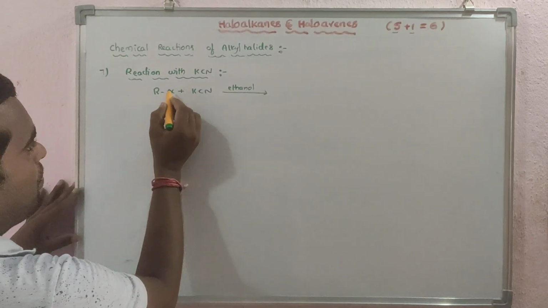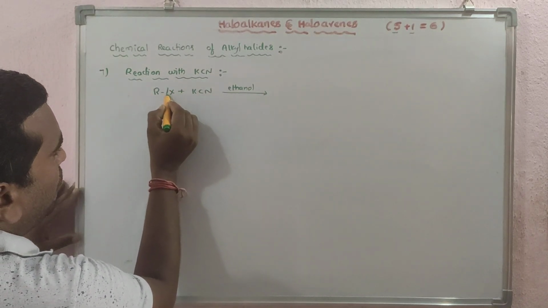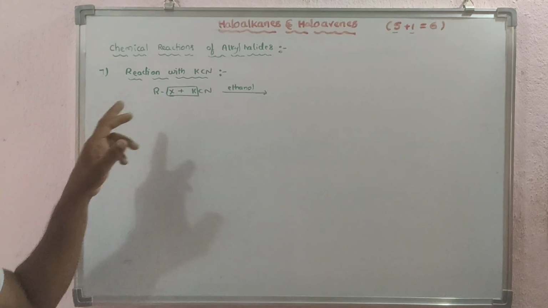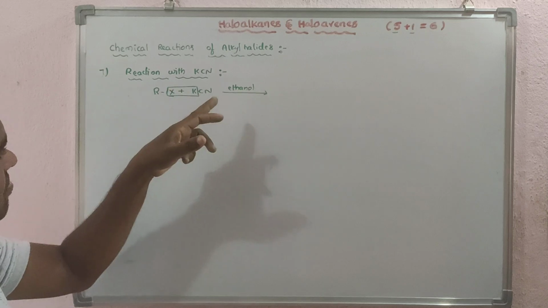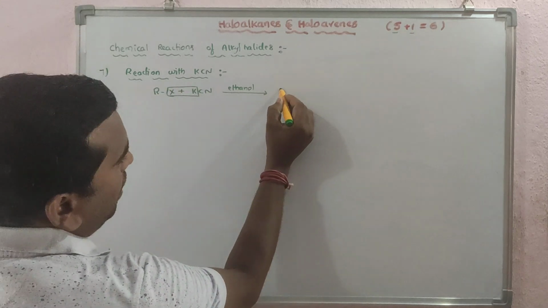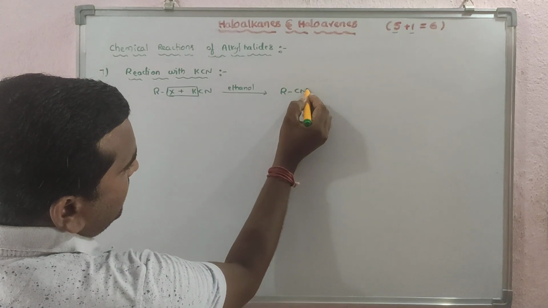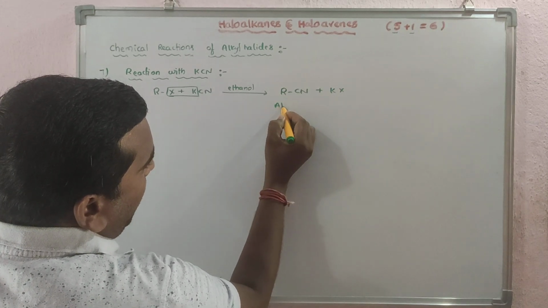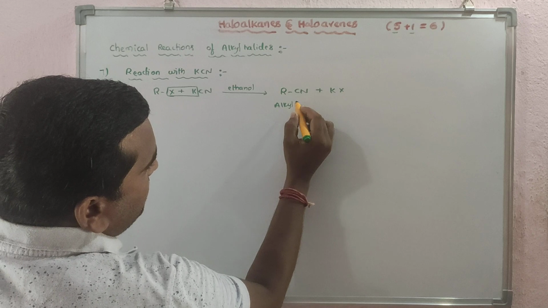So what compound will you get? With KCN, KX will be removed and you will get RCN plus KX. This is alkyl cyanide.